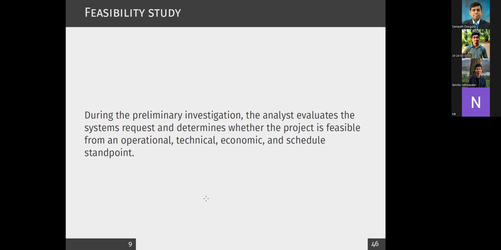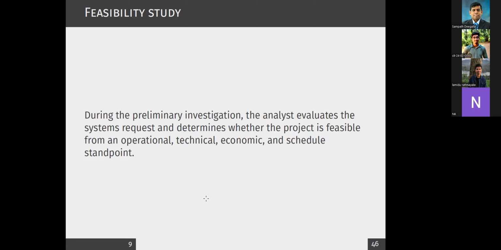Right. Now that we have talked about the system request, we'll move on to the next one, the feasibility study. Feasibility means we have now identified what we're going to do. We want to develop an information system. But whether we can do this is what we have to evaluate with a feasibility study. When we say feasible, we have four things we have to focus on.